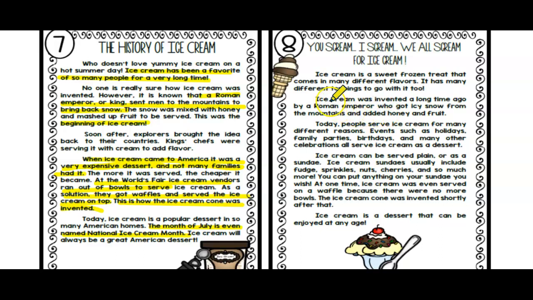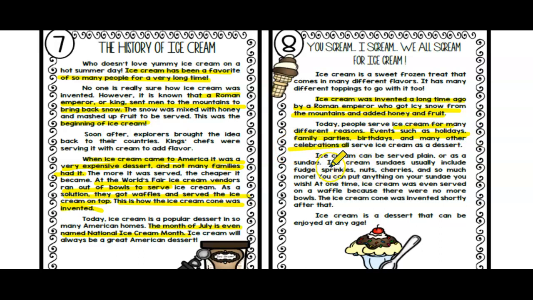We learned that ice cream was invented a long time ago by a Roman emperor who got icy snow from the mountains and added honey and fruit. We also learned that ice cream is served for many different reasons, like holidays, parties, birthdays, and other celebrations.